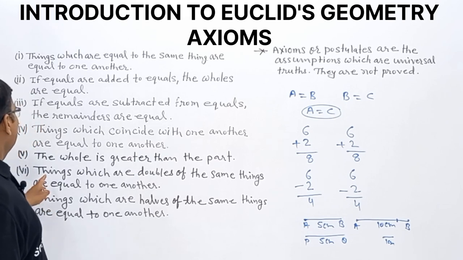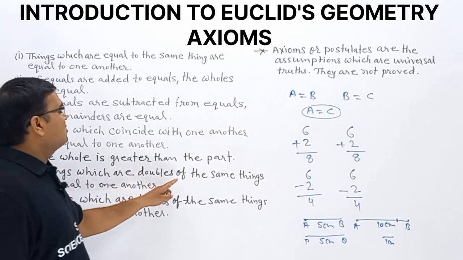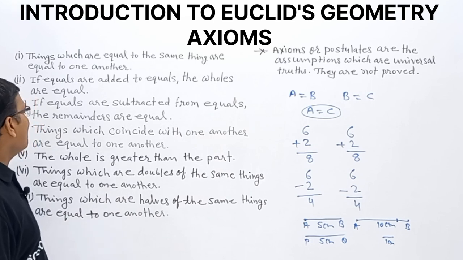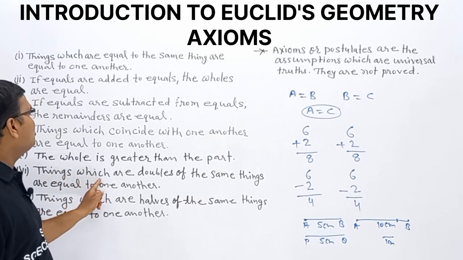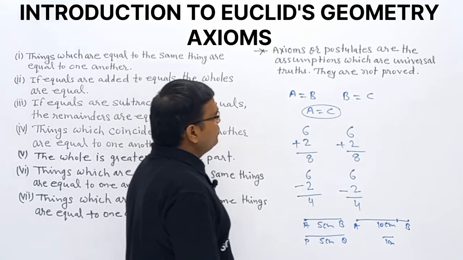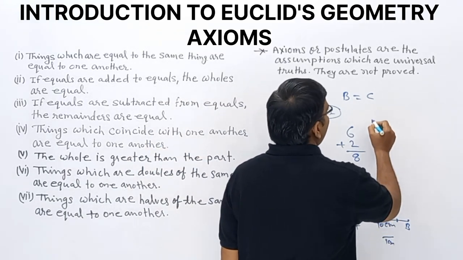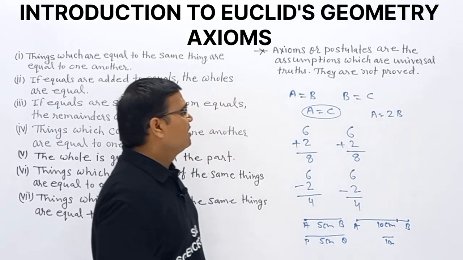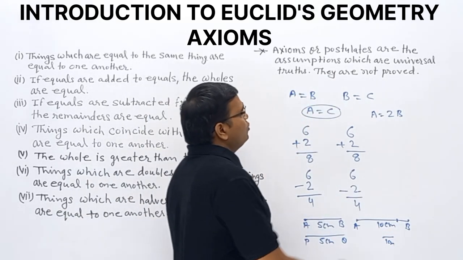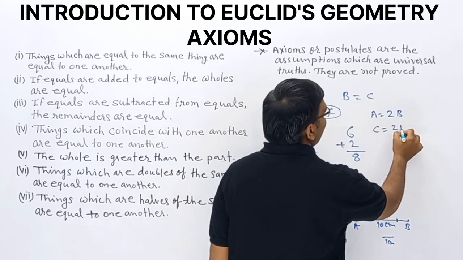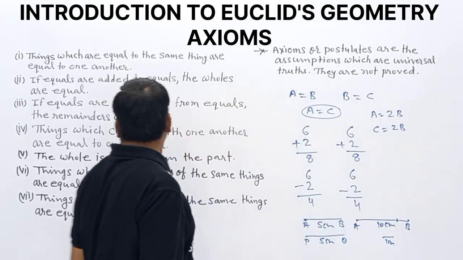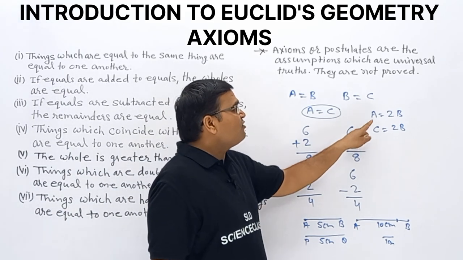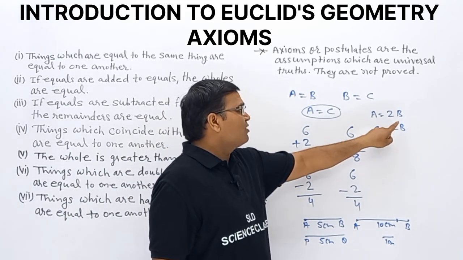Now next one. Things which are doubles of the same things are equal to one another. Assume A equals 2B, and C equals 2B.